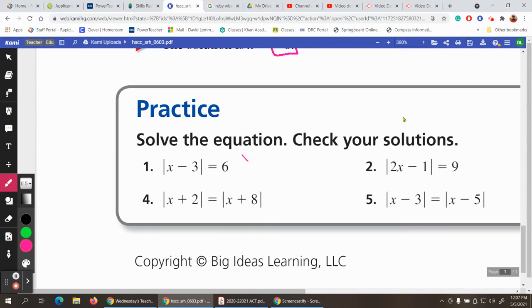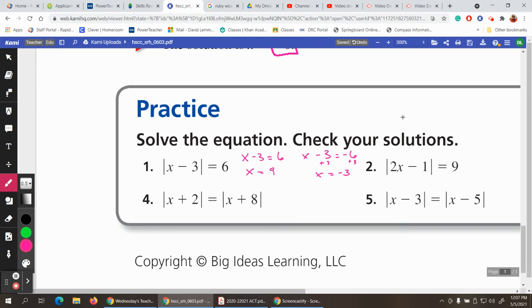So we have x minus 3 equals 6, and then we have x minus 3 equals negative 6. So that's x equals 9, and add the 3 here, add the 3, and then that would be x equals negative 3. All right, so that's how you do that one.